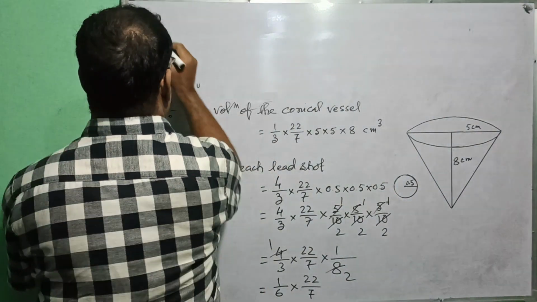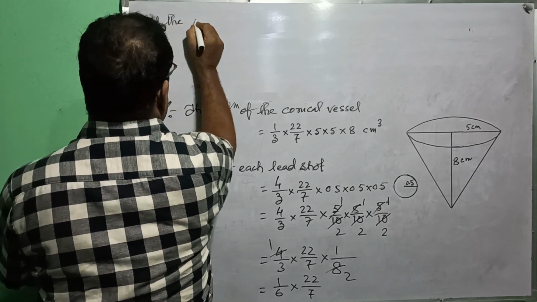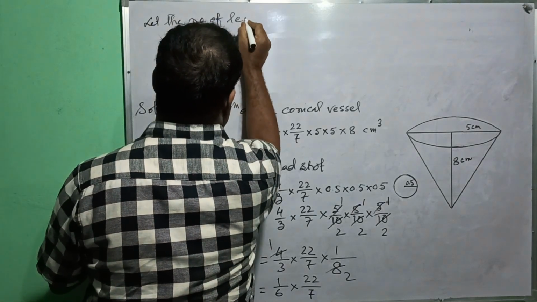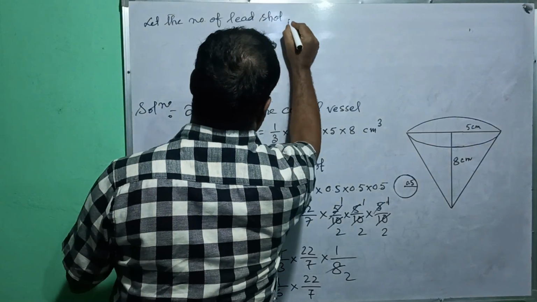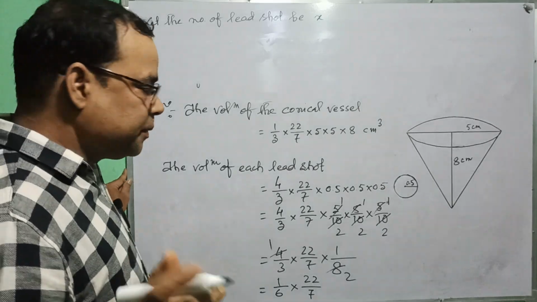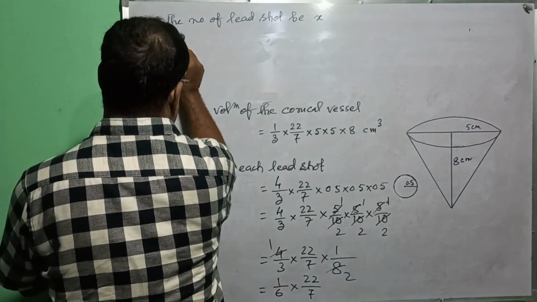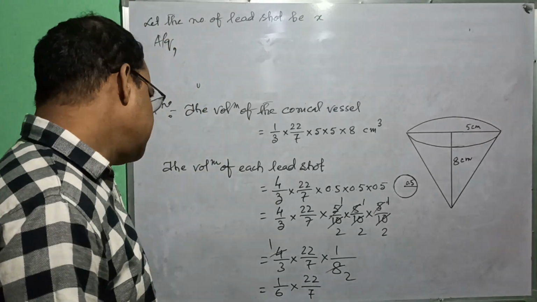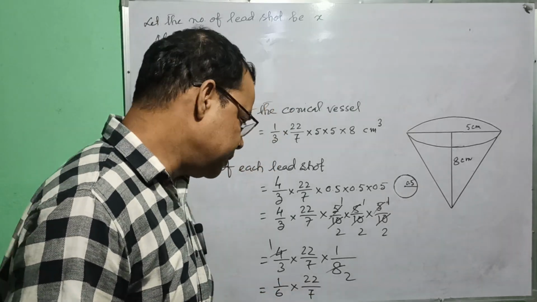Now we'll write, let the number of lead shots be x. Then we'll write according to the question. What is the volume of each lead shot? Each lead shot is 1 by 6 into 22 by 7.